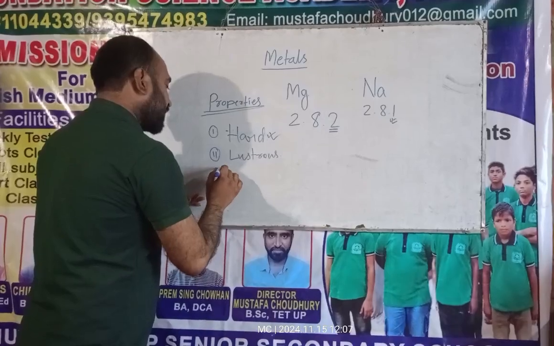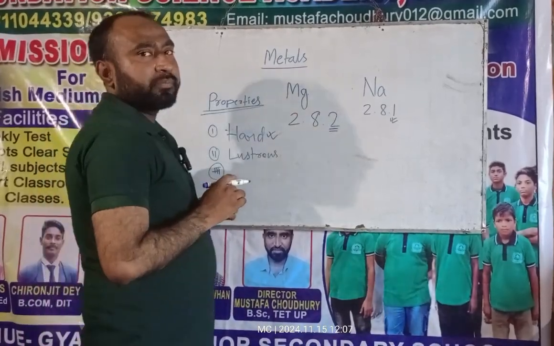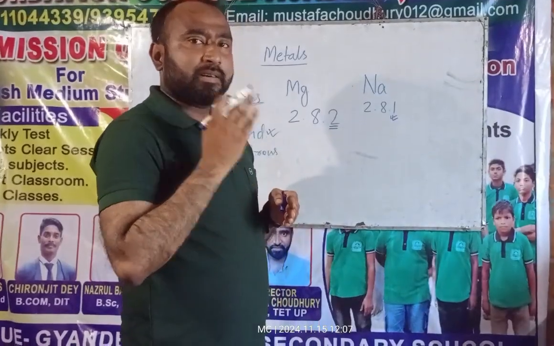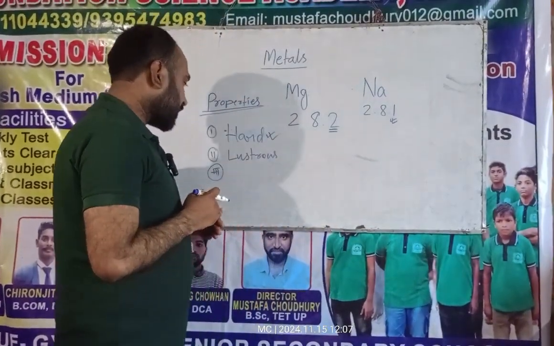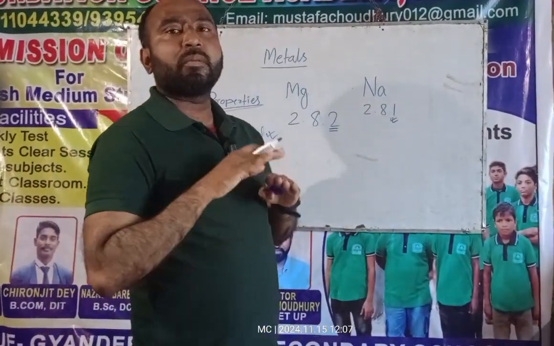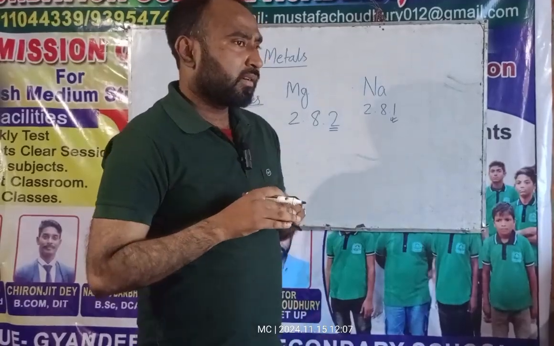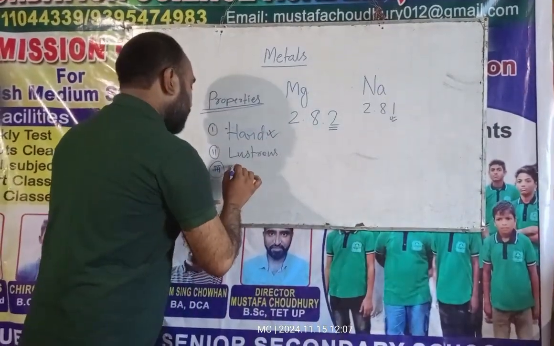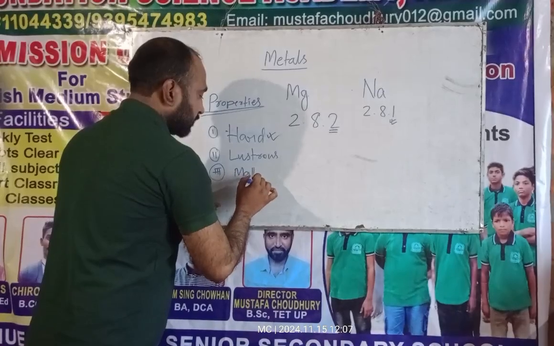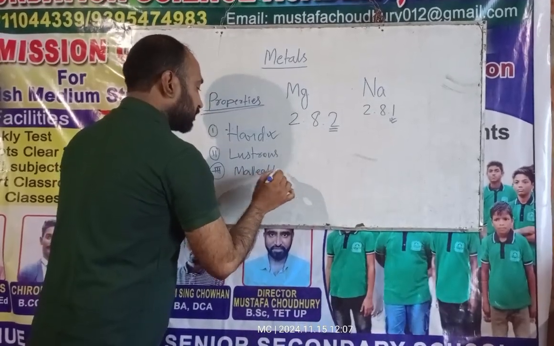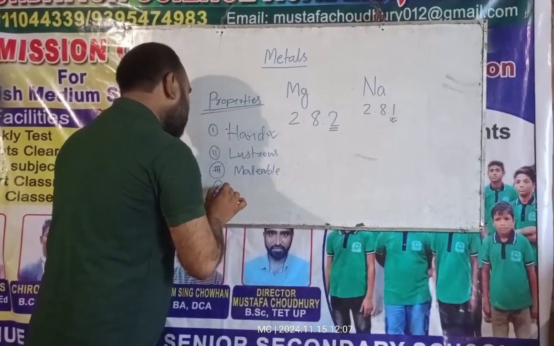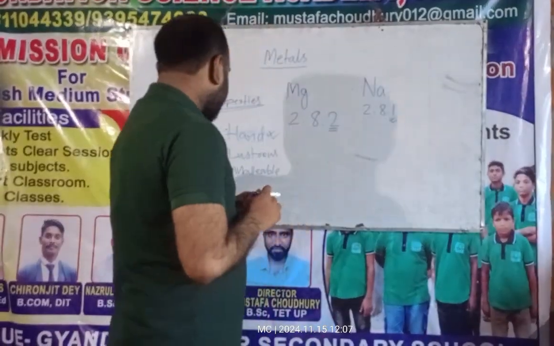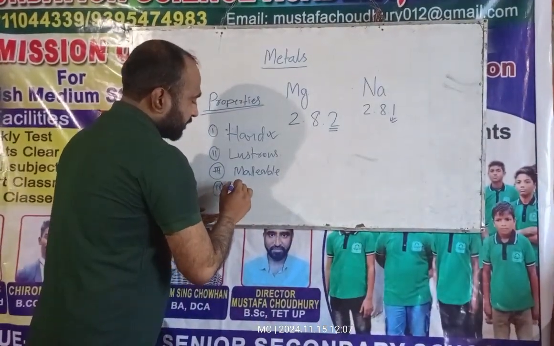The third important property is malleable. If we beat a metal with another hard substance, it will convert into a thin sheet. This property is called malleability. The fourth important property of metals is ductile.